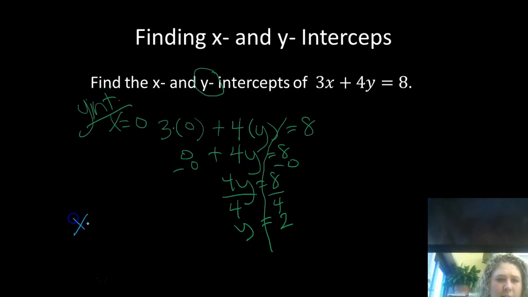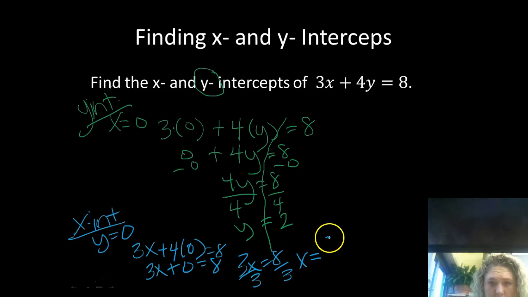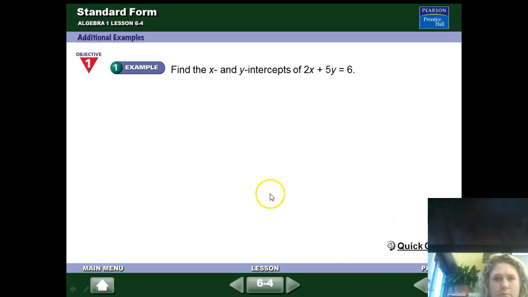If I'm trying to find the x-intercept, y is going to have to equal 0. So 3x plus 4 times 0 equals 8. 3x plus 0 equals 8. 3x equals 8, divided by 3. X is going to equal 8/3.